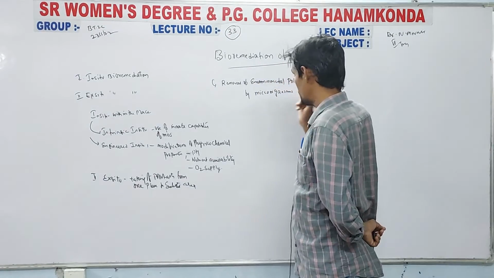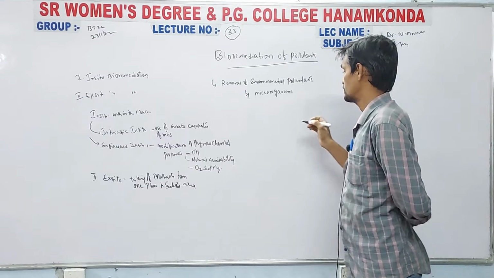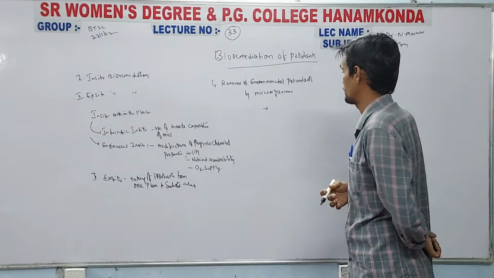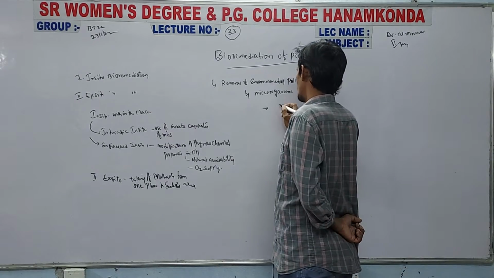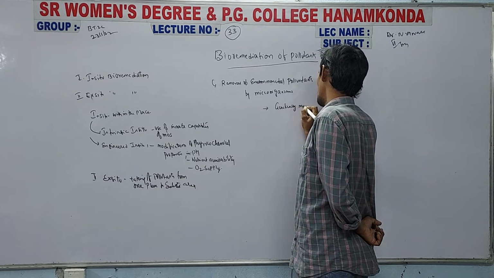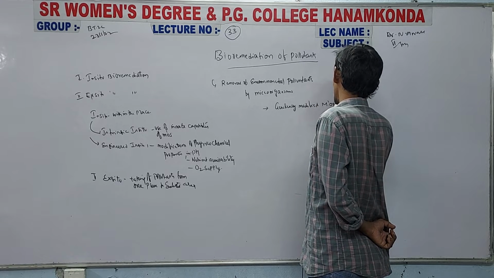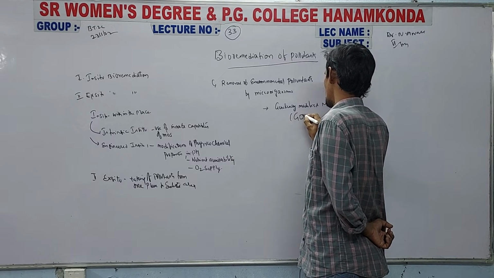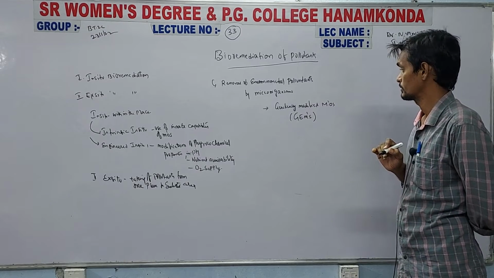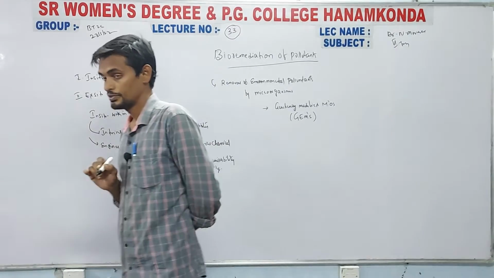Now, the use of microorganisms in removal of environmental pollutants. We use genetic engineering technology to modify the microorganisms to enhance their capabilities to degrade pollutants. We learned about these as genetically modified microorganisms, GEMs, also called genetically engineered microorganisms.